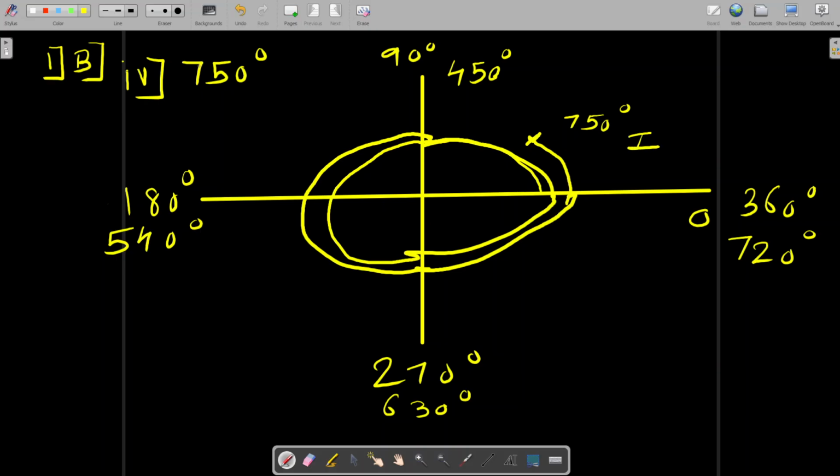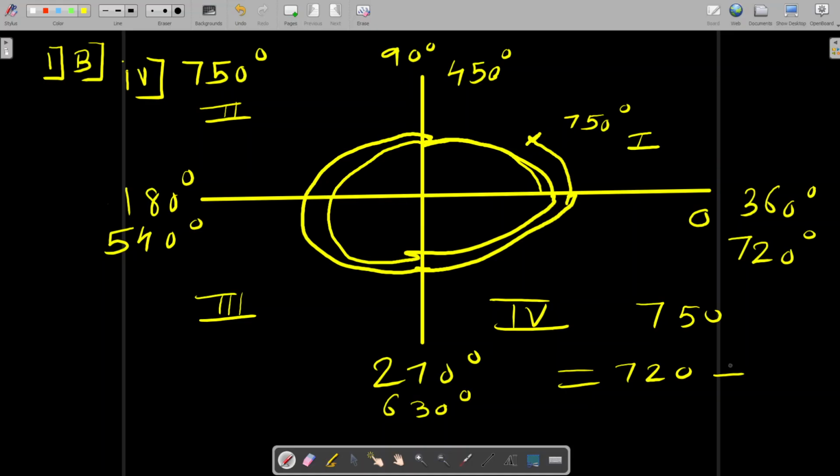This is your first quadrant, second quadrant, third quadrant and fourth quadrant. I can write 750 as 720 plus 30.